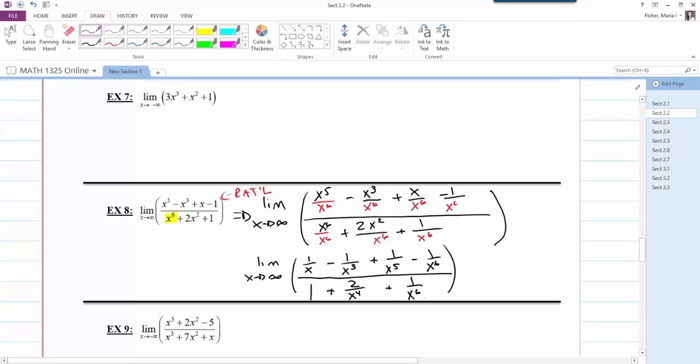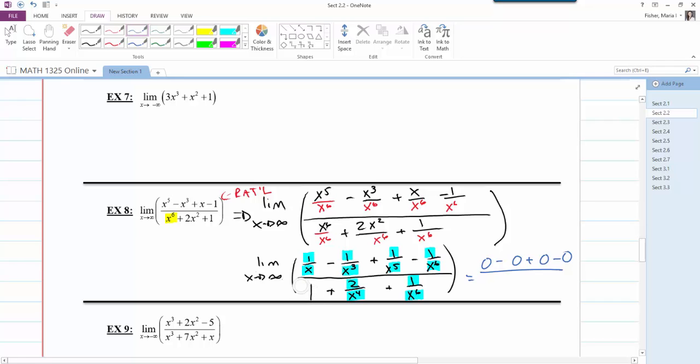And now we're going to use the theorem above. So what does the theorem above say? Anytime you take the limit as x approaches infinity and you have a number over x to a power, each one of those is going to be equal to 0. So in this case, this is going to be equal to 0 minus 0 plus 0 minus 0 over, well, what's the limit as x approaches infinity of a constant?